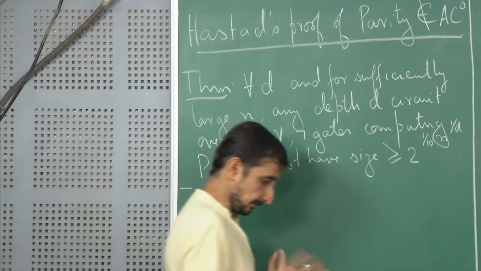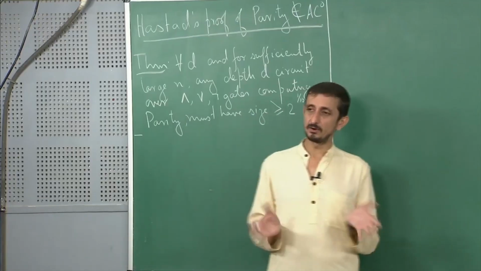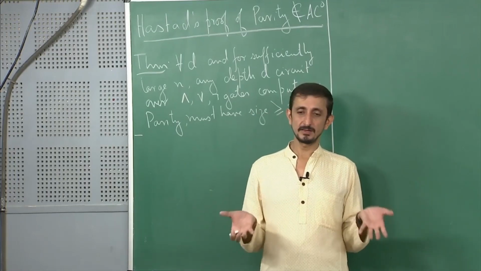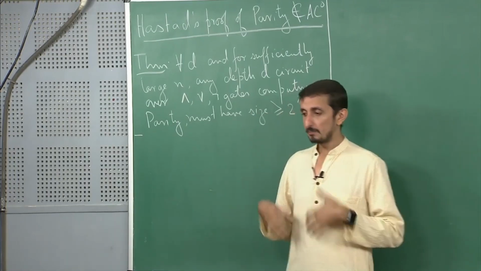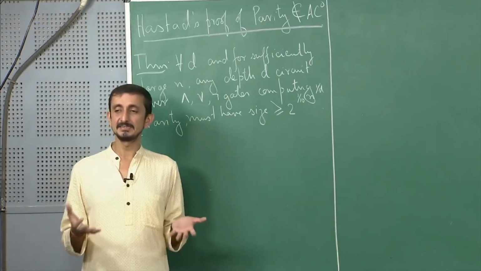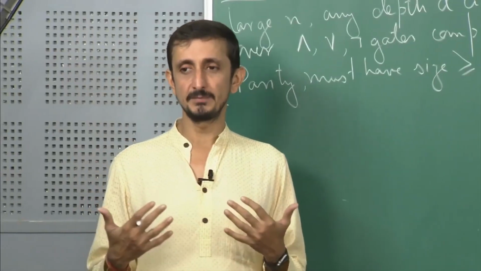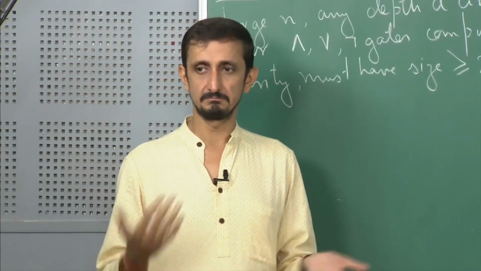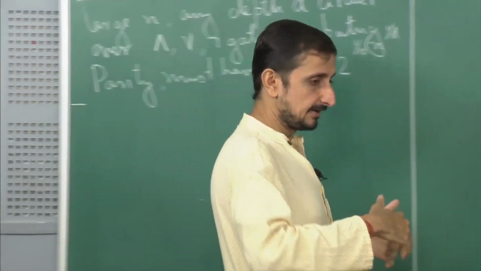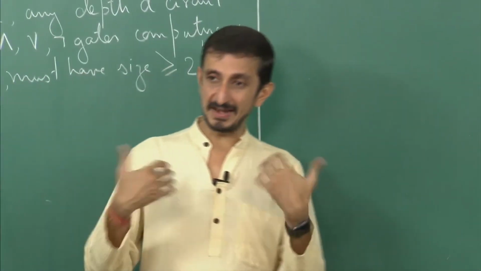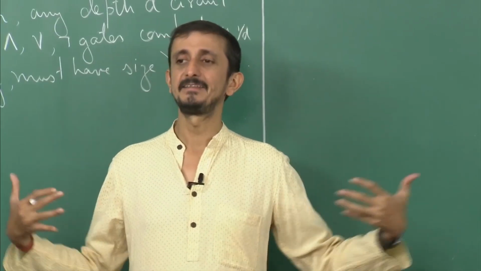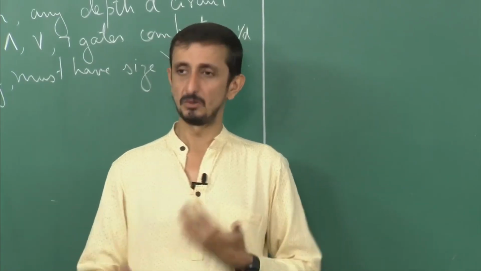So, the point is that the proof technique of Razborov and Hastad is completely different. The way Razborov gave his proof was through polynomial approximation. What he showed was that any AC0 circuit can be well approximated using multilinear polynomials, and on the other side, that the parity function cannot be well approximated by such polynomials, and then combining these two he got his lower bound.